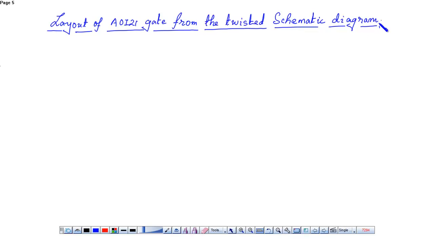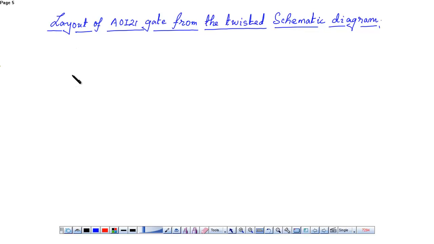Okay, now there were six MOSes in total, 3 PMOS and 3 NMOS. The first 2 PMOS were in parallel with the third PMOS. The first 2 NMOS were in series and they were parallel with the third NMOS.